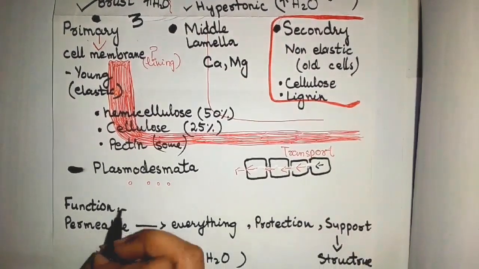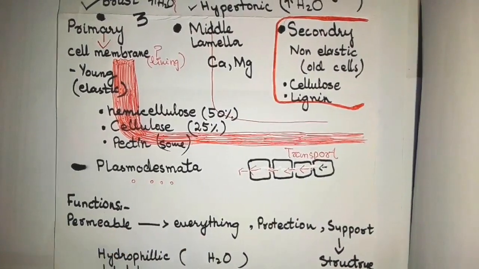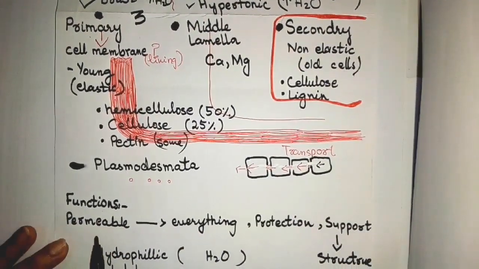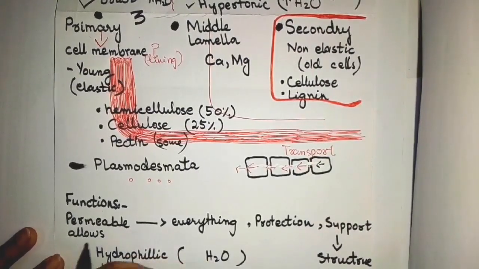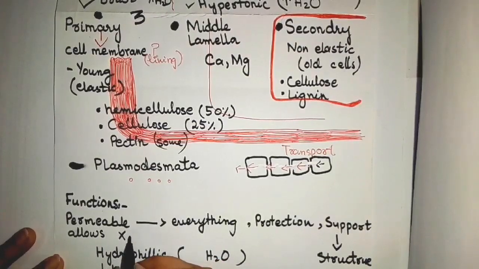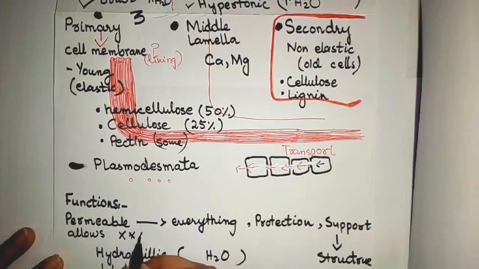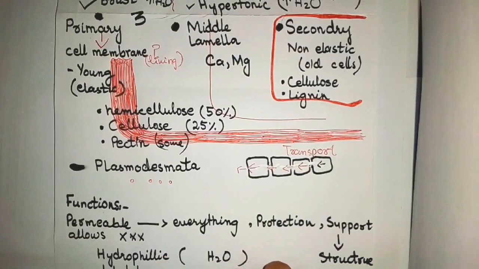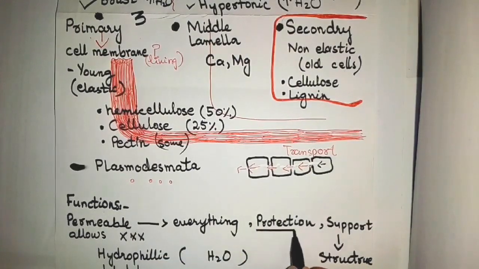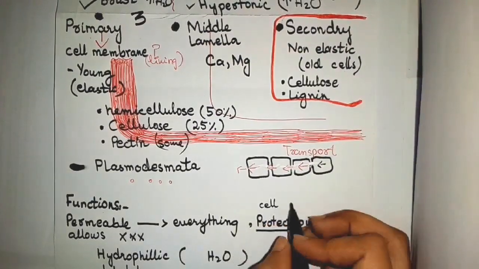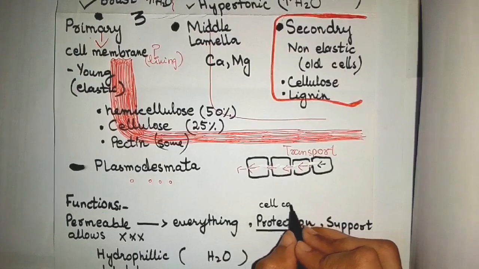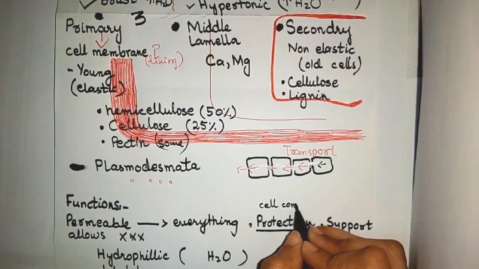Now, the function of the primary cell wall is that it is permeable in nature. It allows everything, there are no restrictions, no questioning. Anybody can come inside. Of course it provides protection to the cell. It protects your cell membrane and all the cell content.